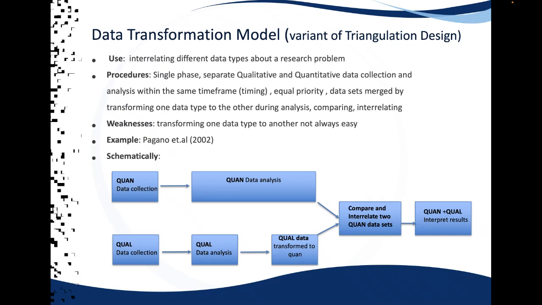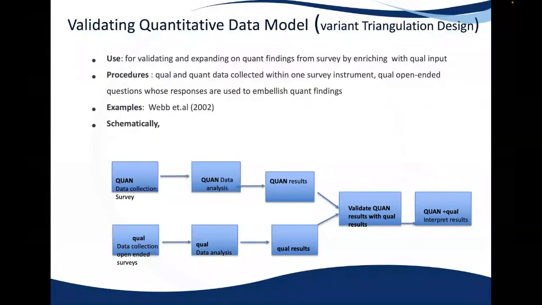It's quite a complicated one, but people often use that, the transforming variant, if they are working in fields where maybe there's respect for one type of approach over another. So say, for example, you are working in mathematics and you are studying a concept that had quanti and qualitative dimensions to it, but you understood that the world you are operating in respects numbers more than it does narratives.